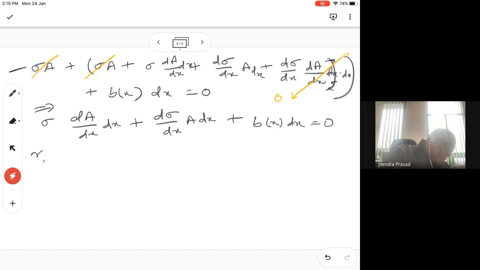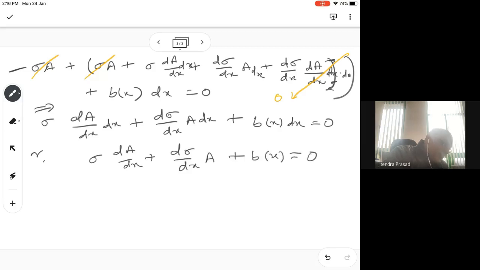We can get rid of dx, so we get sigma dA over dx plus d sigma over dx A plus bx equal to 0, or we can combine them together, and this will be simply d over dx of sigma A plus bx equal to 0.